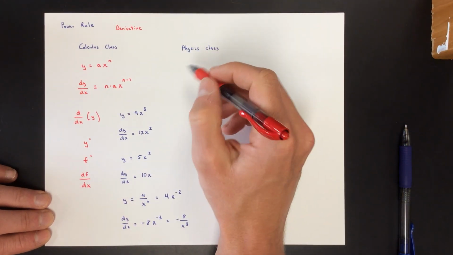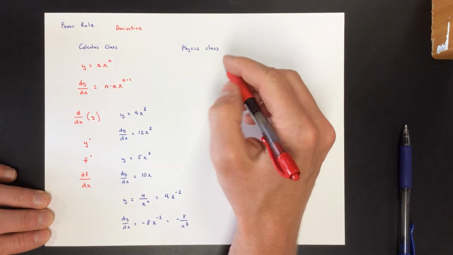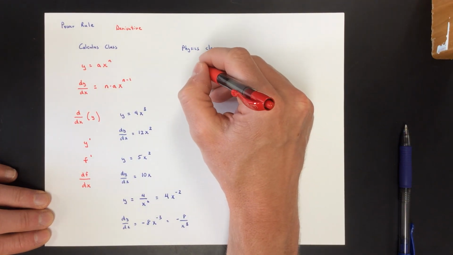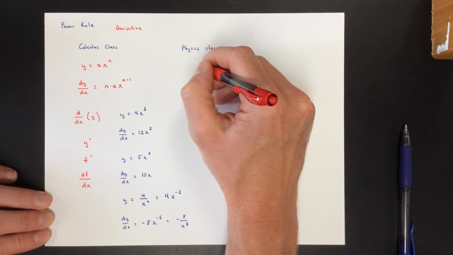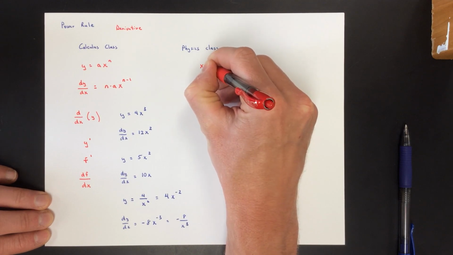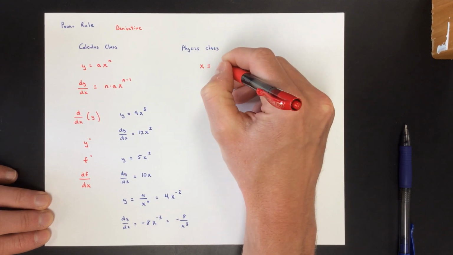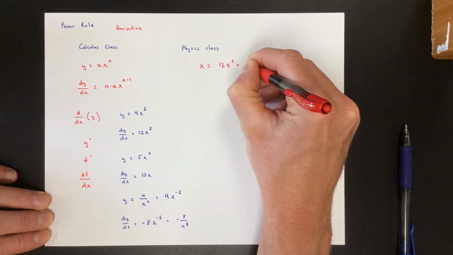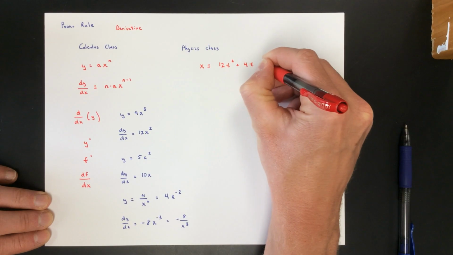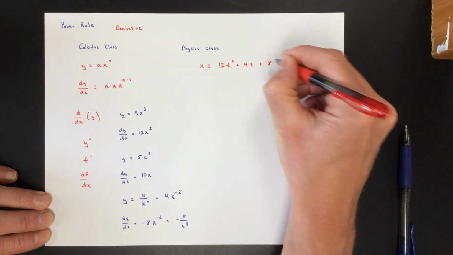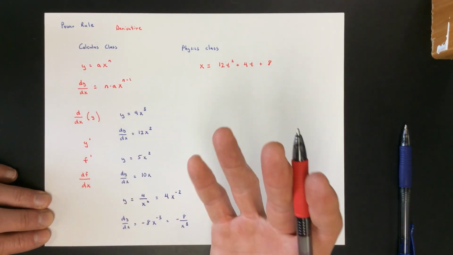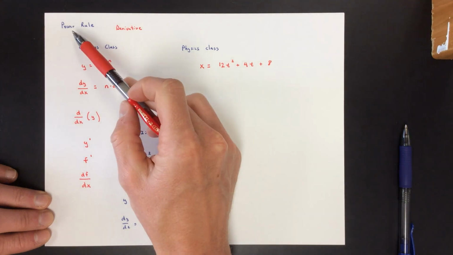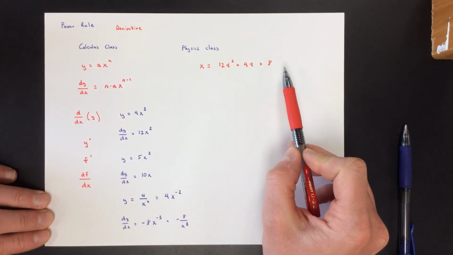Now, in a physics classroom, we're almost always given some x as a function of time or some y as a function of time. So let's say x was 12t squared plus 4t plus 8, something like that. So we have to decide, does the power rule work for an extended polynomial?